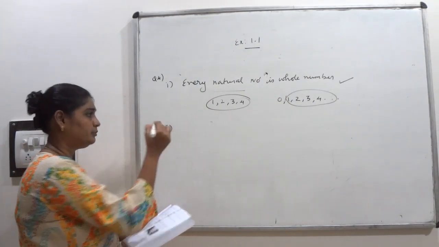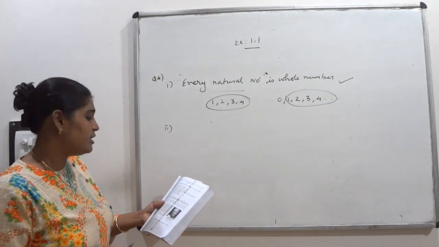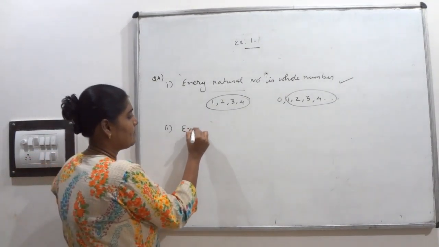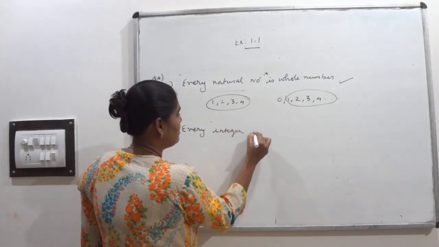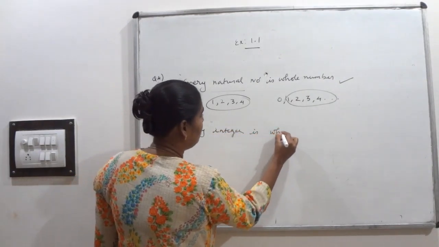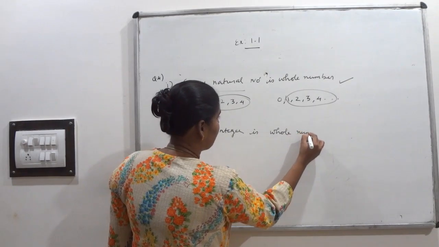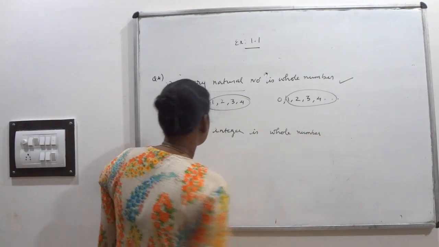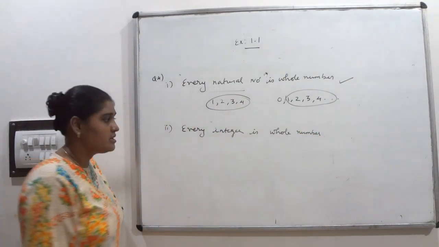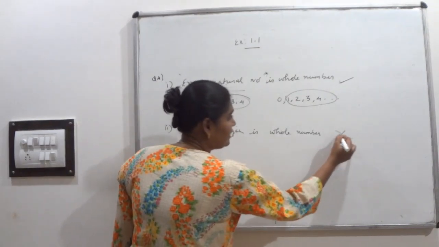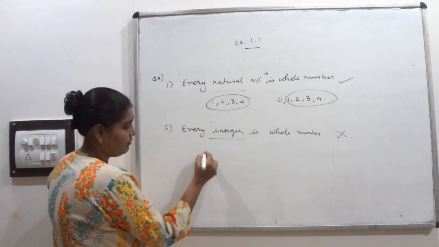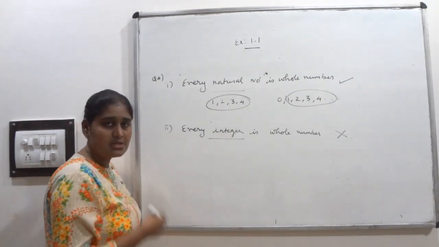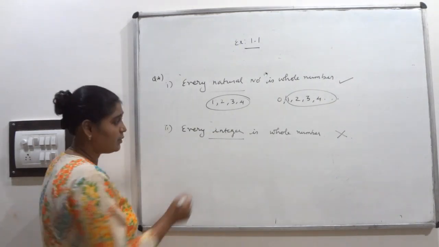Second one. Every integer is a whole number. See, this statement is wrong. Why am I telling that it is wrong? What does integer mean? We already saw: collection of positive numbers, negative numbers including 0.